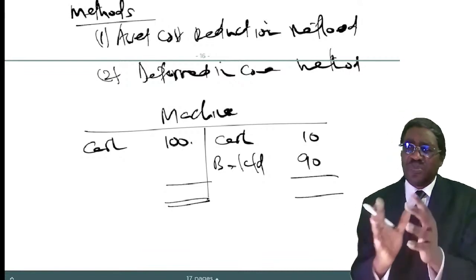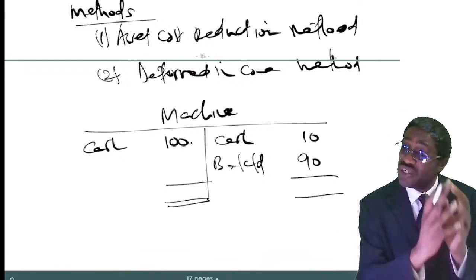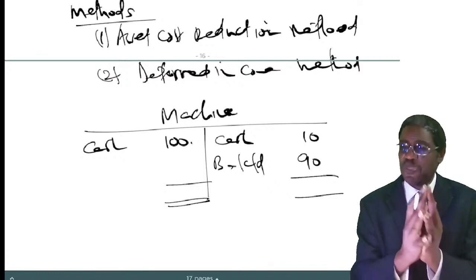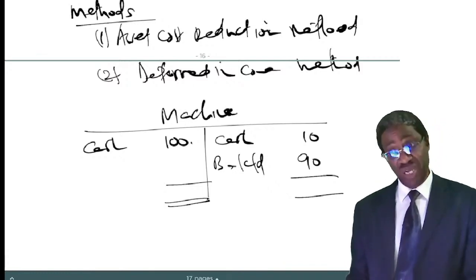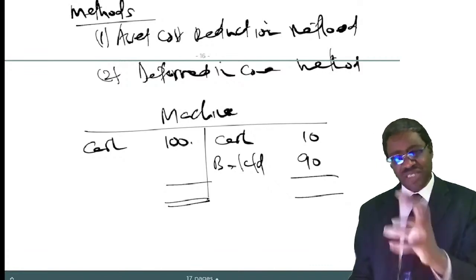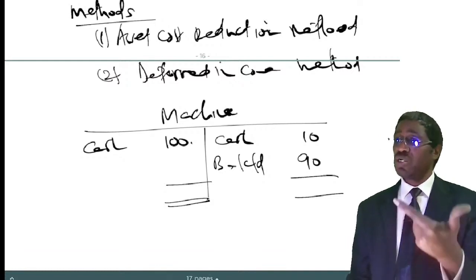So when you are depreciating your machinery as a business, you don't depreciate it on the original 100 million. Now you depreciate it on 90 million. So that is a method you can use to account for government grants.